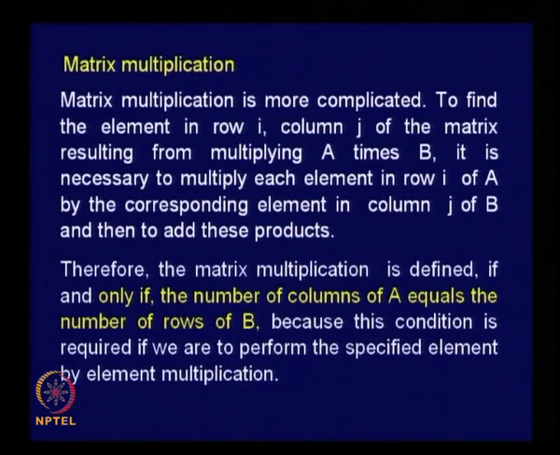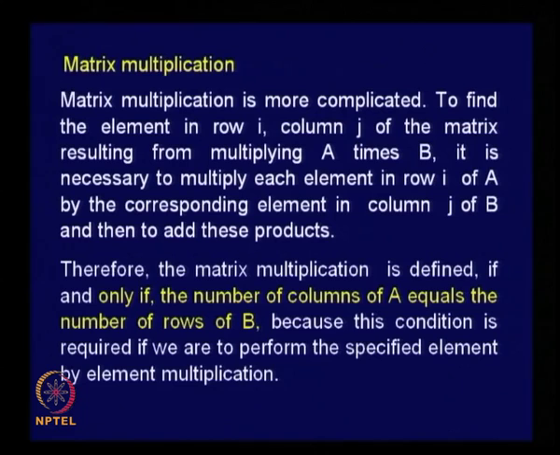Therefore, matrix multiplication is defined if and only if the number of columns of A equals the number of rows of B, because this condition is required if we are to perform the specified element by element multiplication, because it is column to row multiplication.